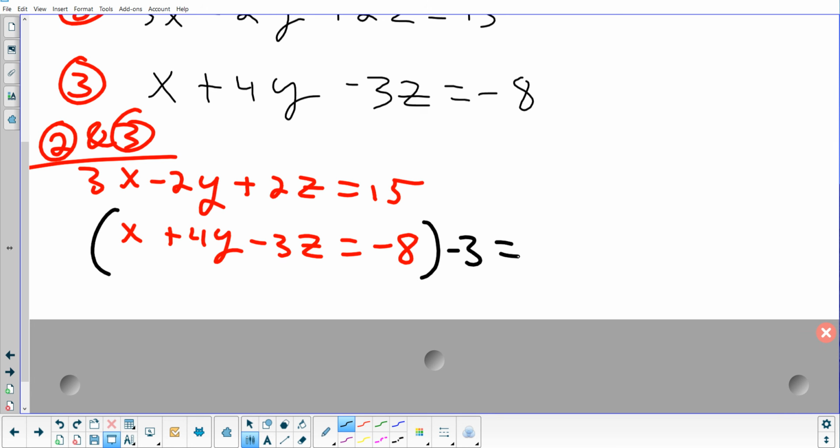Keep the top the same. 3x minus 2y plus 2z equals 15. And now multiply everything in the bottom by negative 3.